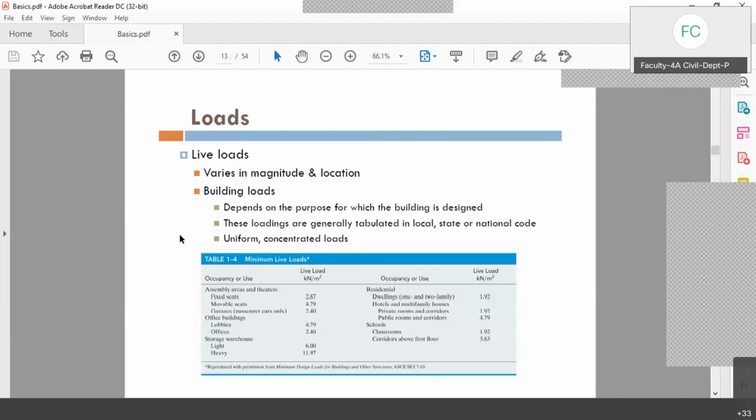If we talk about assembly areas and theater, then in that case, and if we talk about the residential part, we can consider it from 2 kilonewton per meter square to 5 kilonewton per meter square. So that is the live load which varies in magnitude as well as location.